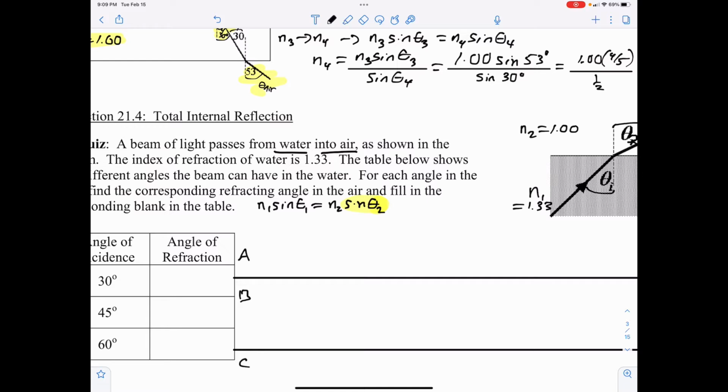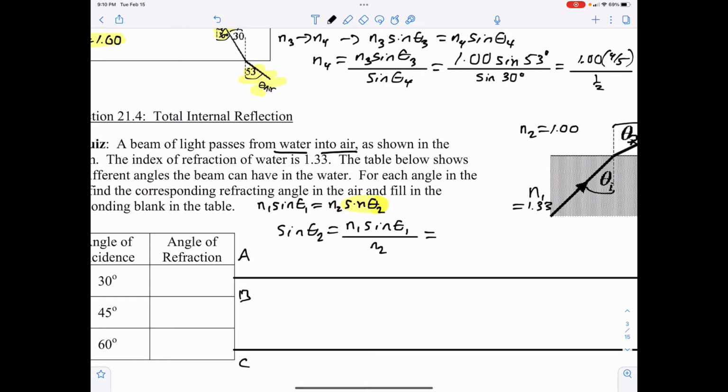So this would look like this. If I solve for sine of theta 2, I get the sine of theta 2 equals N1 sine theta 1 divided by N2.